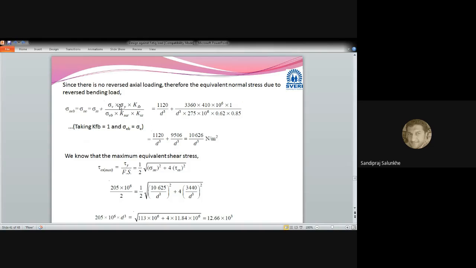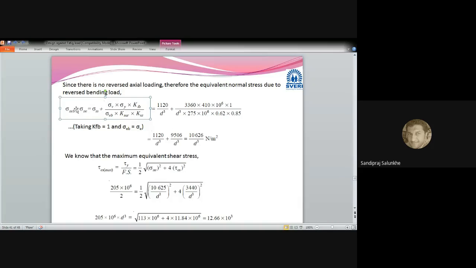First of all, we have to calculate the actual endurance limit from the endurance limit mentioned in the problem, which we have calculated from Moore's experiment.